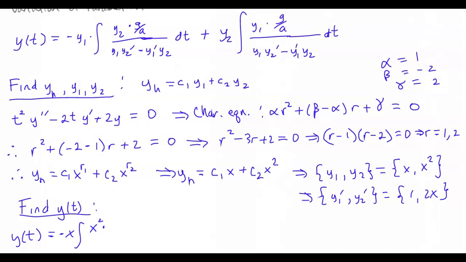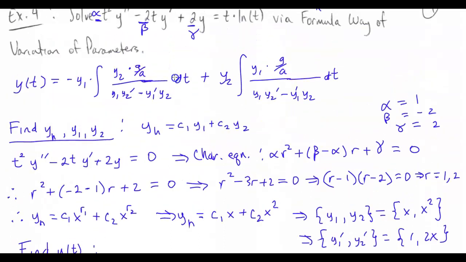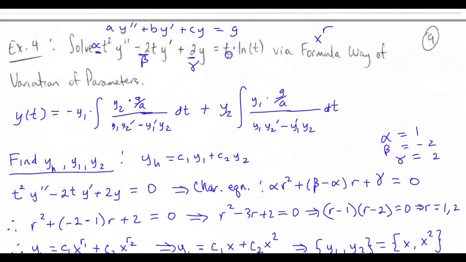And so now let's address this. So we said that here the t times natural log of t, that was going to be our g. Our a is actually everything that is in front of this y double prime here, which is alpha t squared. And of course, alpha here is an understood 1.